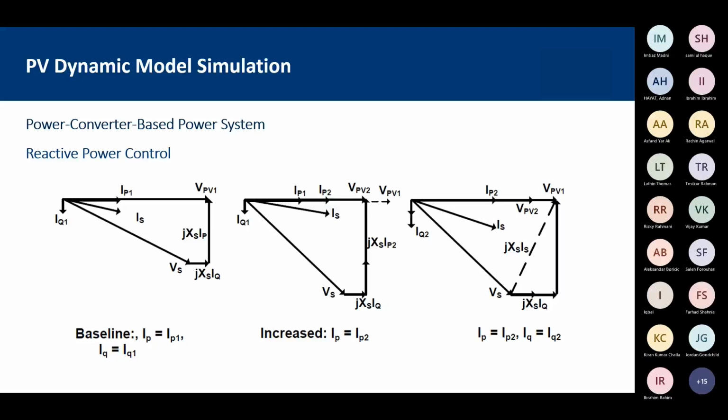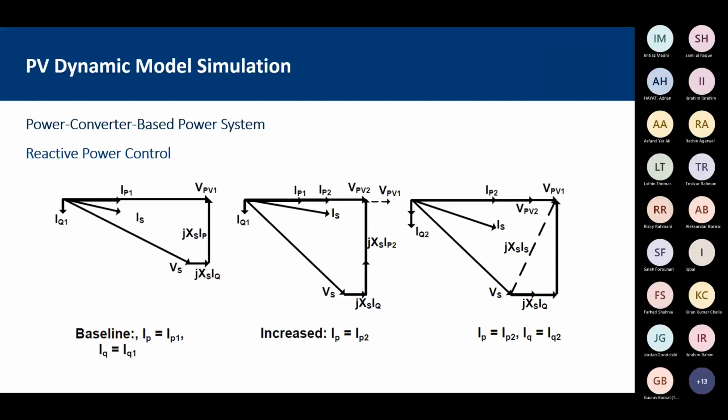Then there will be an additional voltage drop, which will be due to this j-axis times IP2. So it will be proportional to the increase in that IP2 current. This affects the increase in angle between VPV1 and VS. Because the size of the infinite bus voltage is constant, the increase in IP increases the voltage drop, but it decreases the voltage VPV2.